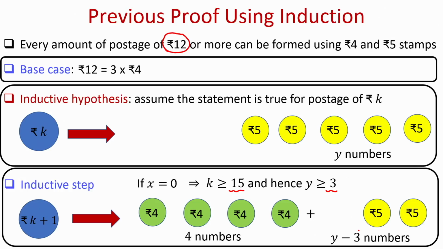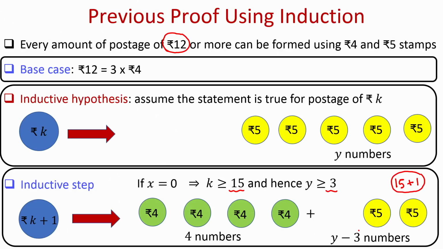Since you are reducing the stamps of 5 rupees by 3, you are subtracting 15 from k, and you have to take care of 1 more rupee because you want to represent k plus 1. So, you have to take care of a postage of rupee 16, which you can do by purchasing 4 stamps of 4 rupees. That is the idea here.